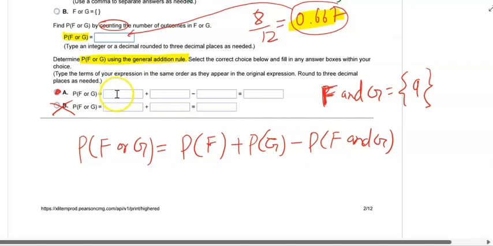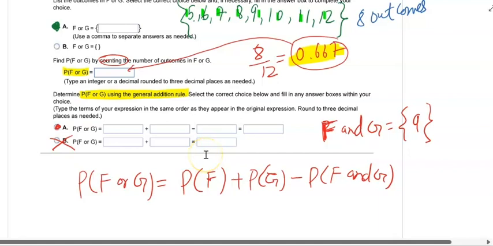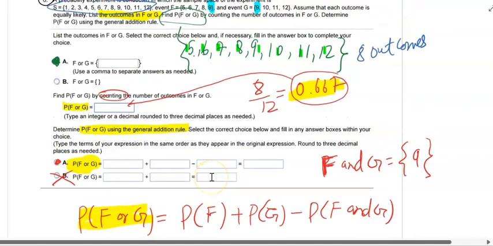Now you can put the numbers in the boxes, do the math and find the number in each box. Let's find the probability of F. Again, you're looking for the probability of F or G. What's the probability of F?